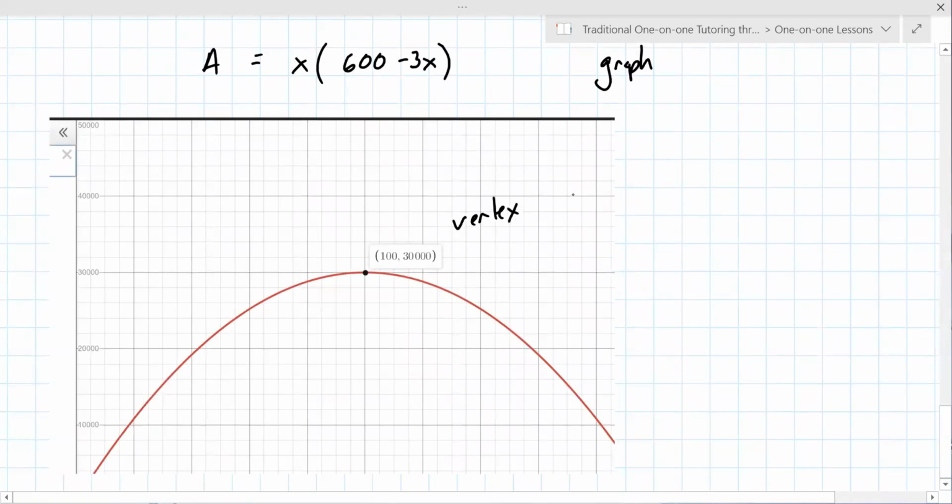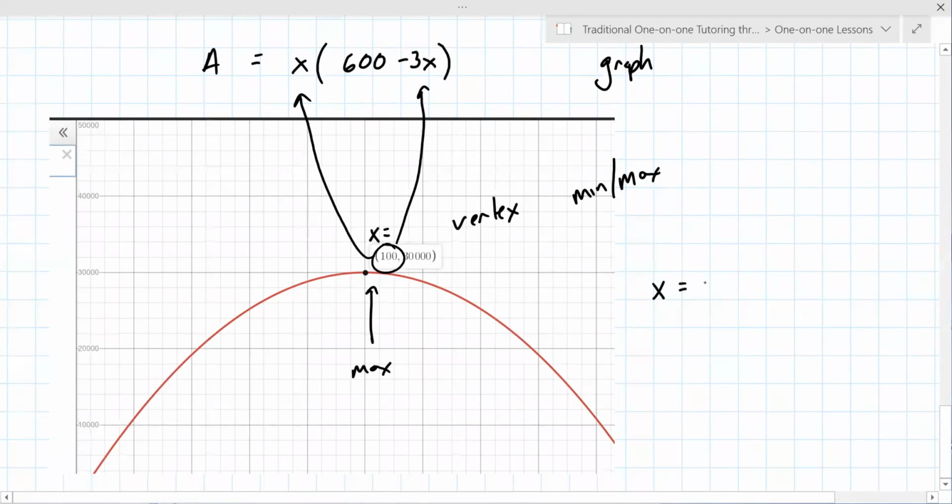And the vertex always gives you the min or the max. So in this case, it gives you the max. The x value that it's maxed at here is 100. So when you put 100 back into this equation, you end up getting 30,000. So it's when x equals 100, the area equals 30,000.